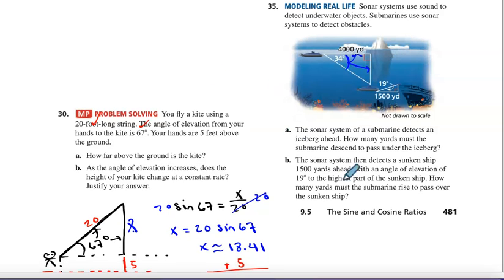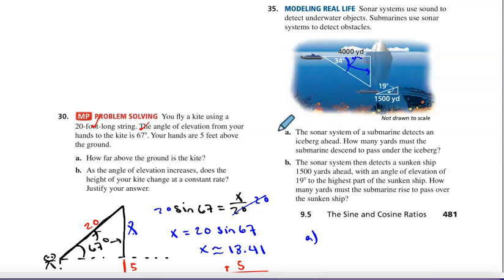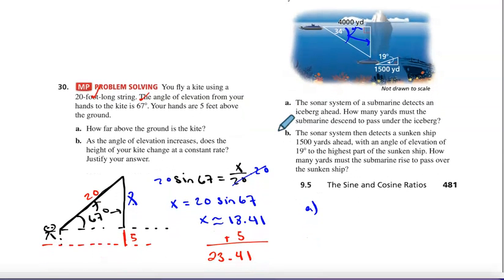So part A, I'm going to use opposite and adjacent, so tangent for this one. Tangent of the angle is equal to the opposite over adjacent. That's what I have here.